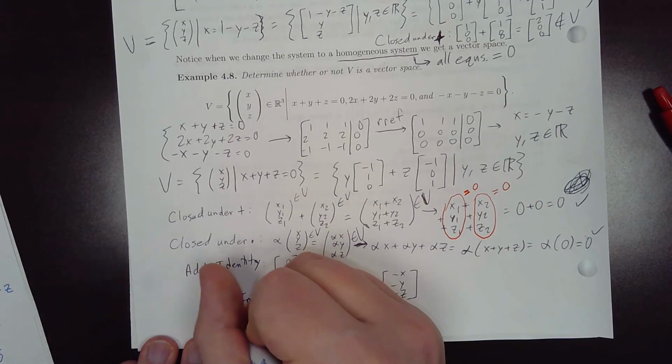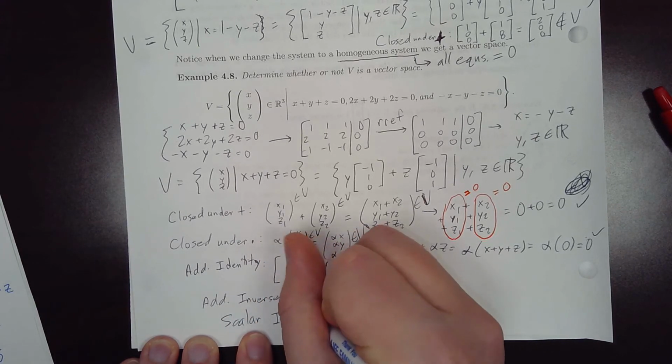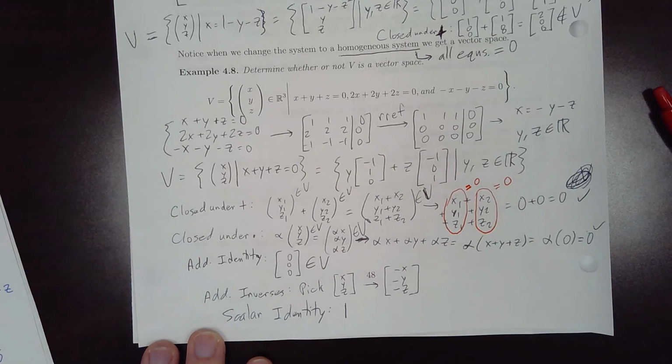And then our scalar identity, as usual, is going to be 1.